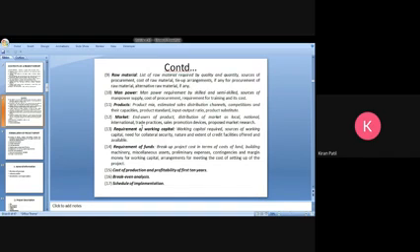Nature and extent of credit facilities offered and available. Credit facilities in a sense, you buy raw material, but you don't pay him.